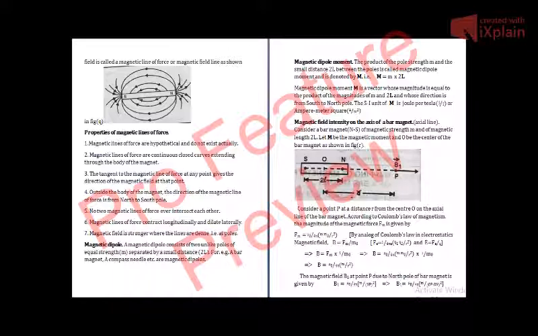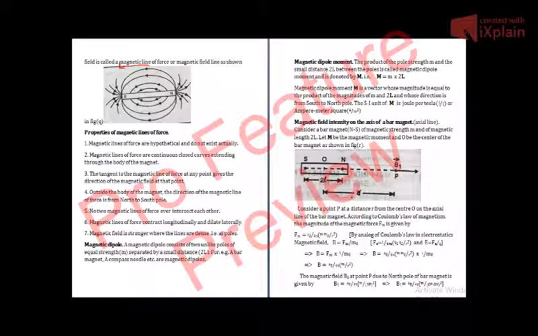The third property is if we draw a tangent to the magnetic line of force, it will give us the direction of the magnetic field at that point. For example, if we draw a tangent here, this will be the direction of magnetic force here.